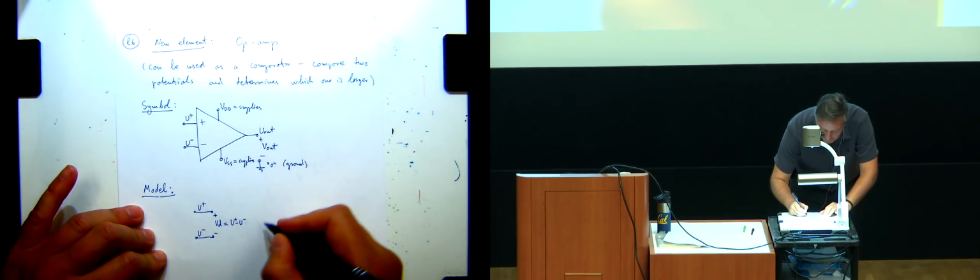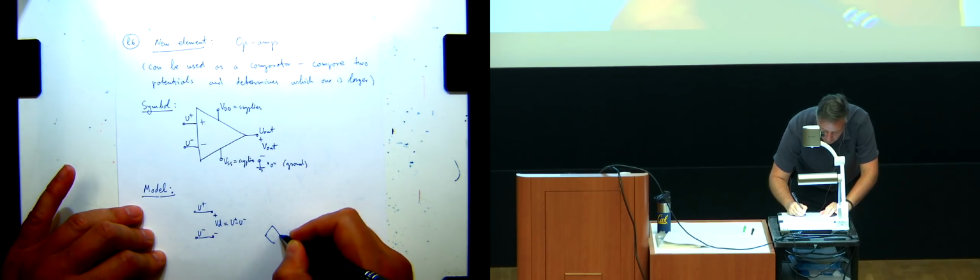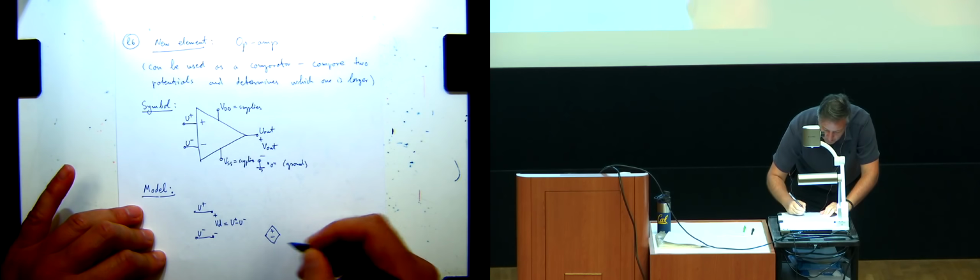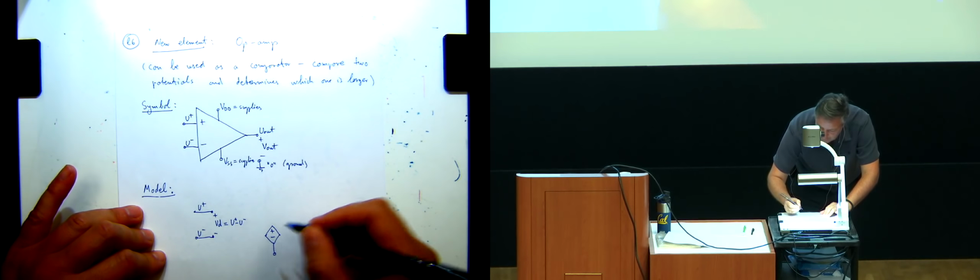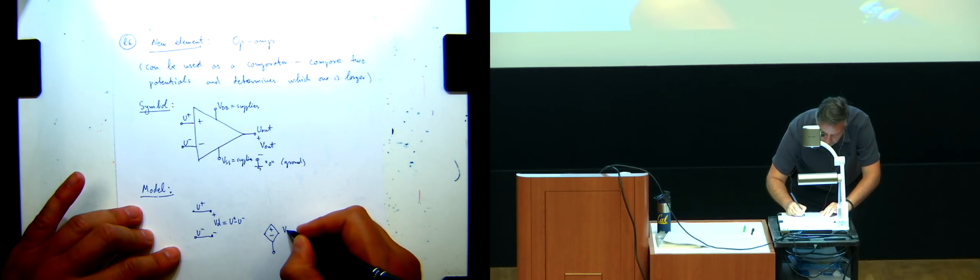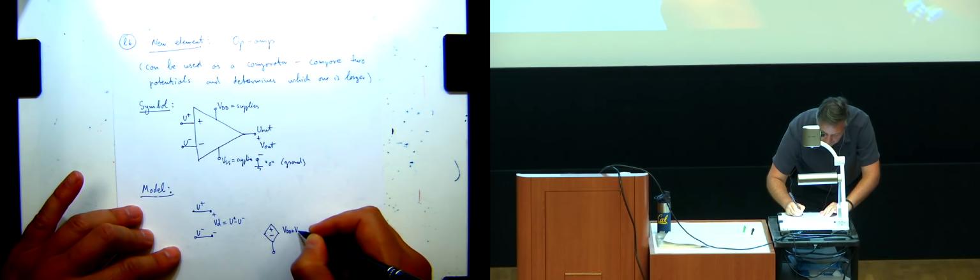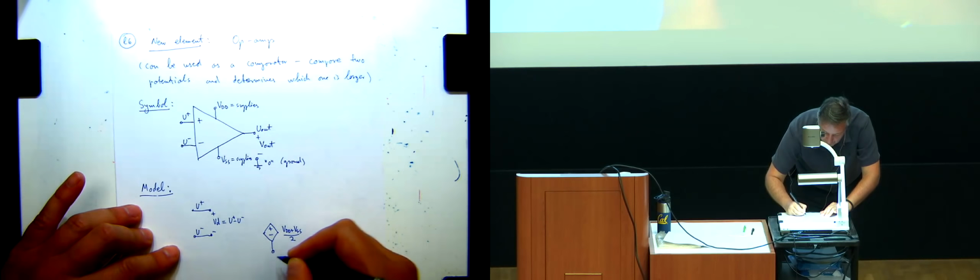Then what I connect to the output are two voltage-controlled voltage sources. The first one I'm going to call VDD plus VSS over 2. This node is VSS.